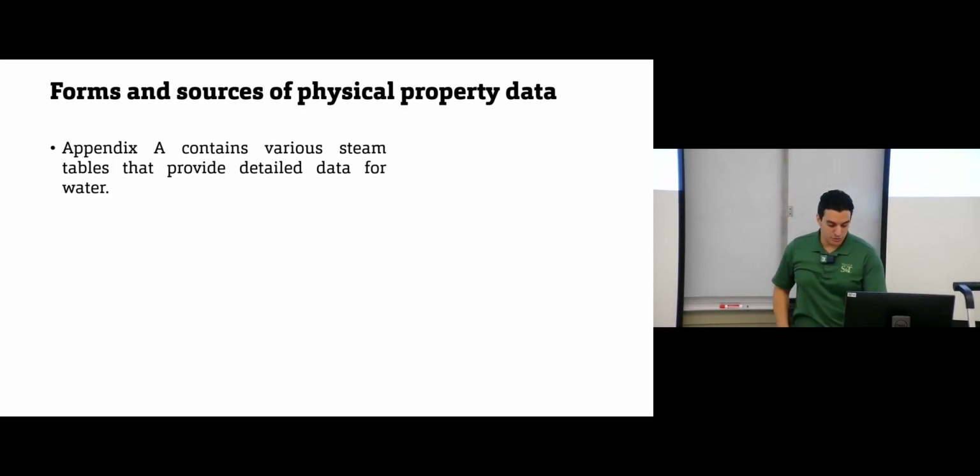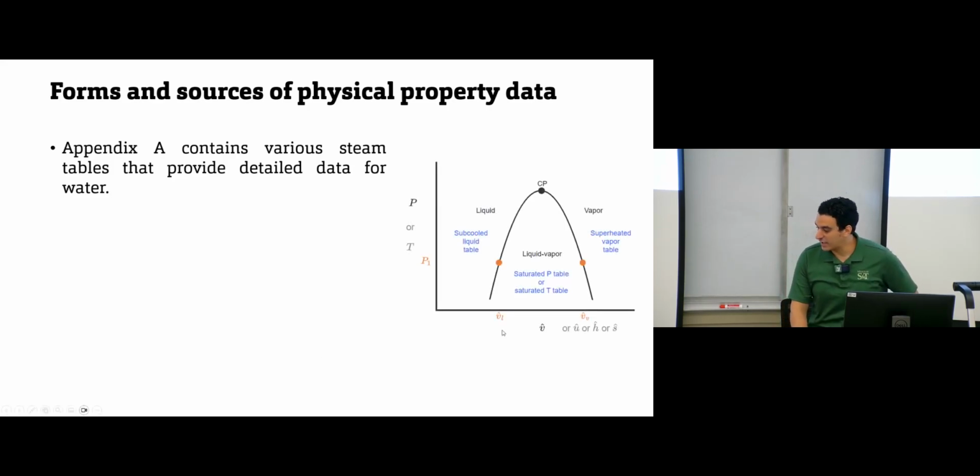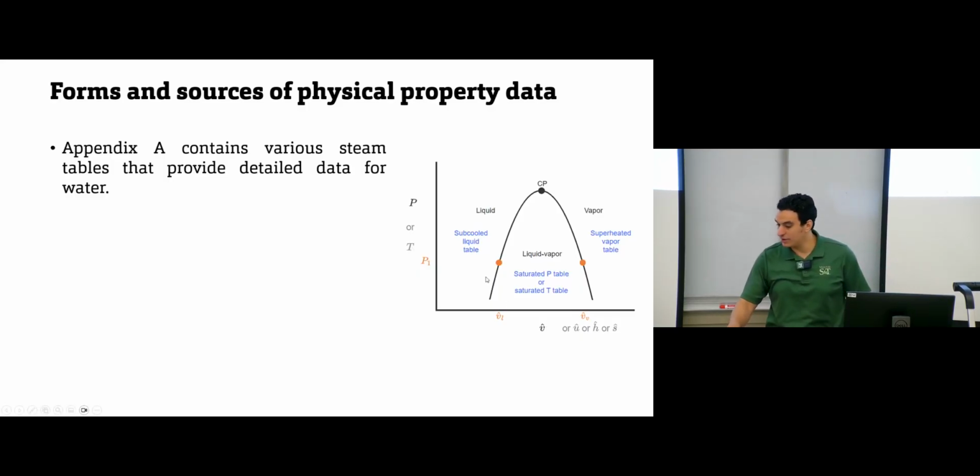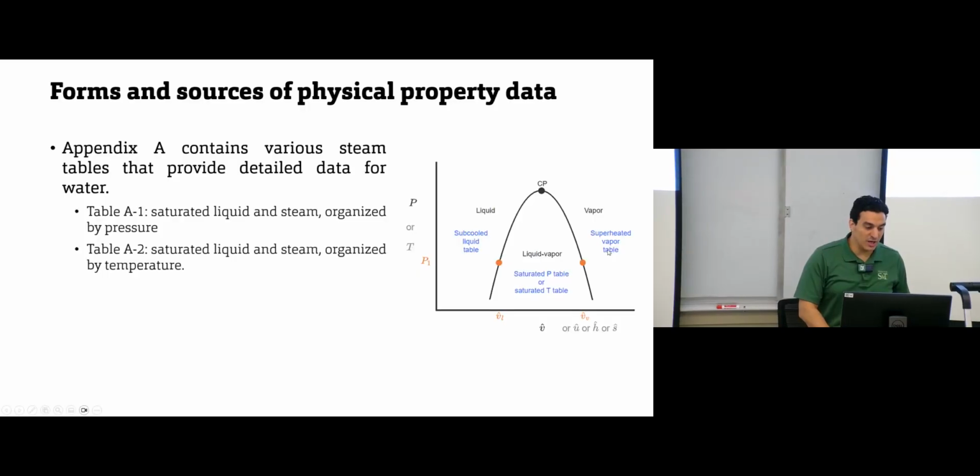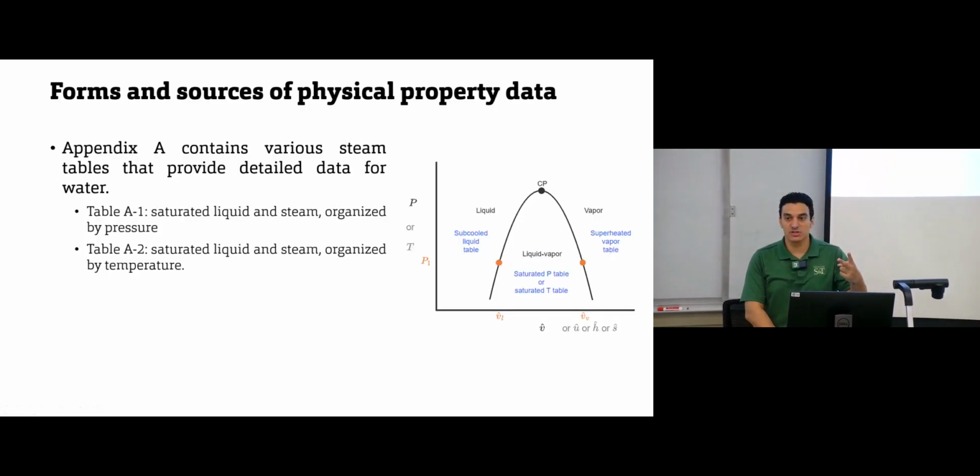So now we have the appendix. In thermodynamics, we will use Appendix A. This is the first appendix that we will use. Again, the PV diagram that we just showed has one area for the subcooled liquid, a region for the two-phase systems, and a region for the superheated vapor. So this is why we have tables that represent steam liquid and steam vapor.